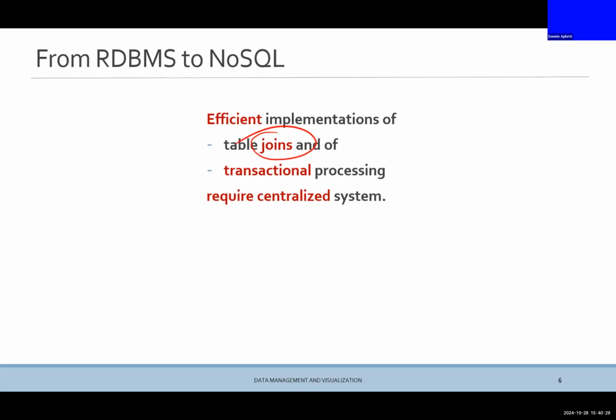Joins, transactions, and for this reason, a centralized system, which means that if you want to join tables one with another, if you want to move money for sure, you must have control of the whole database. So this must be centralized. Centralized in computer science terms means on, let's say, a single machine, on a machine you control, okay?